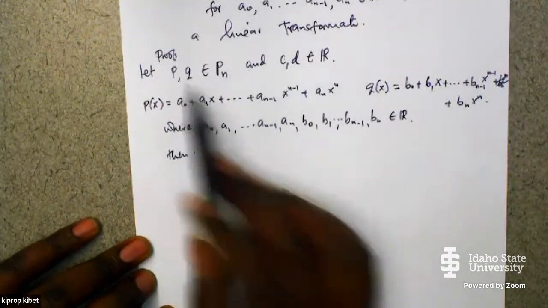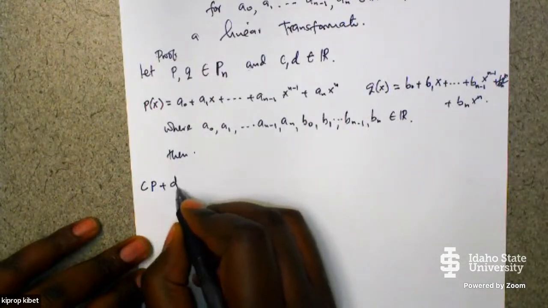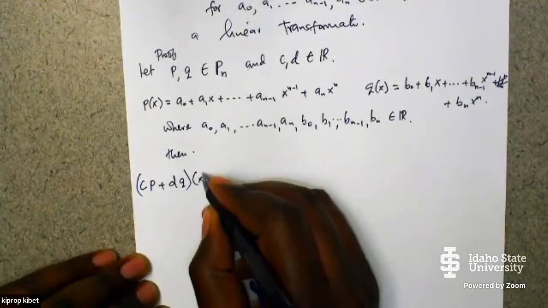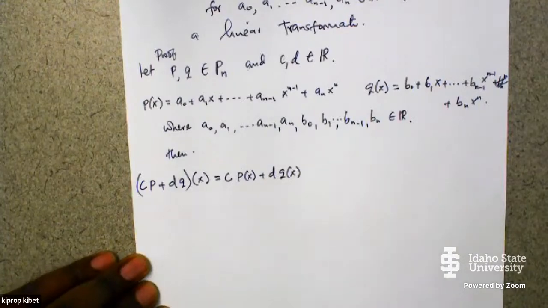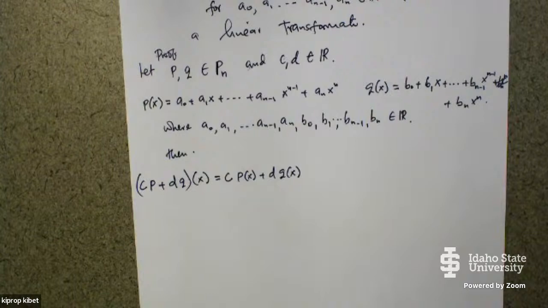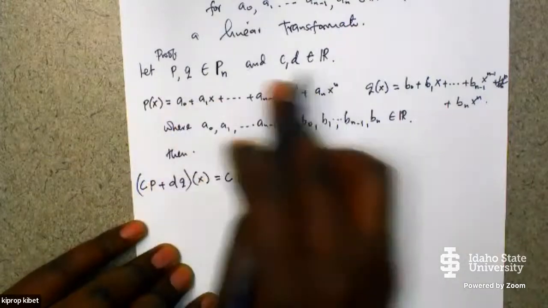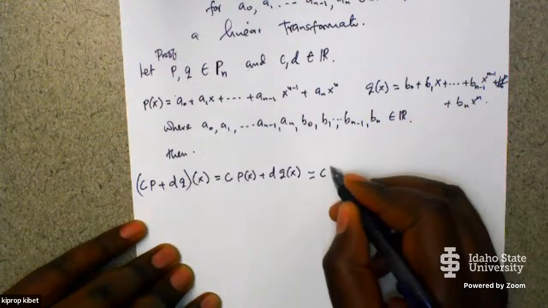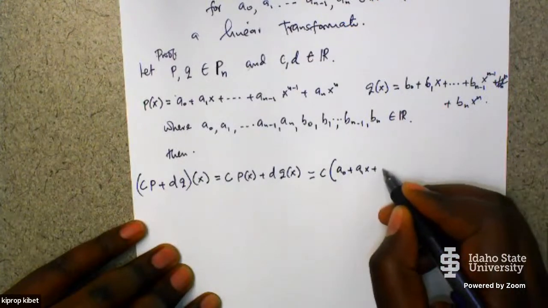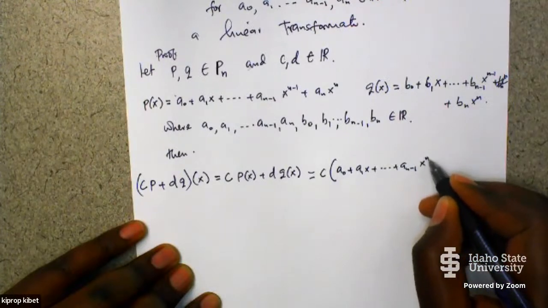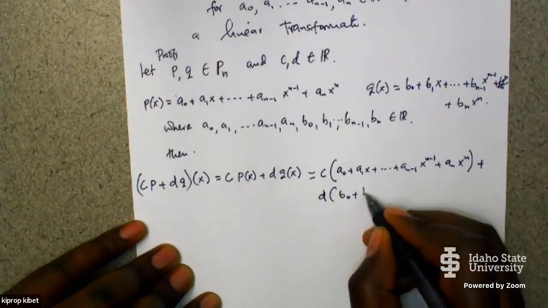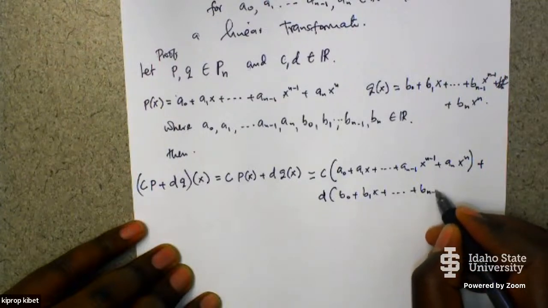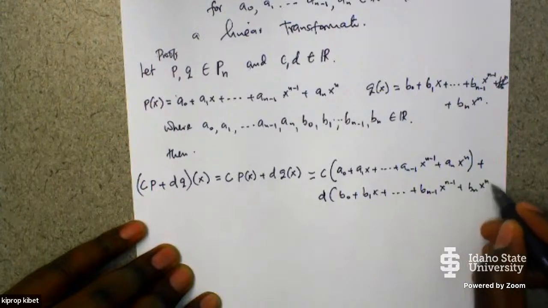Then if we now multiply by C and D, (CP + DQ)(x) is the same as CP(x) + DQ(x), which is equal to, now we bring in the polynomials, C times (a0 + a1x + ... + a_{n-1}x^{n-1} + an x^n) plus D times (b0 + b1x + ... + b_{n-1}x^{n-1} + bn x^n).